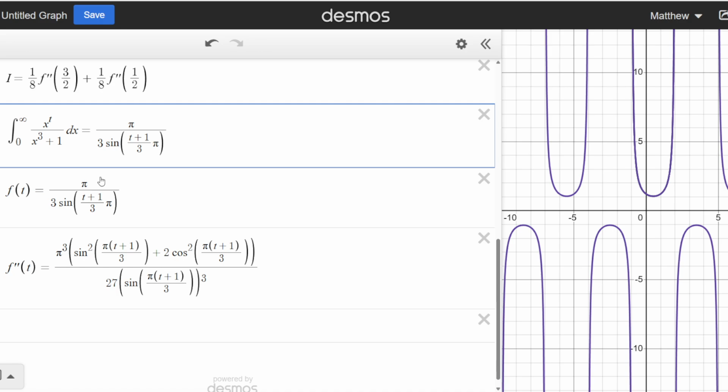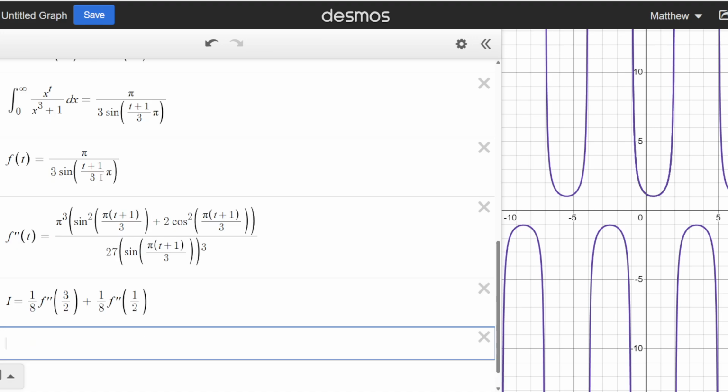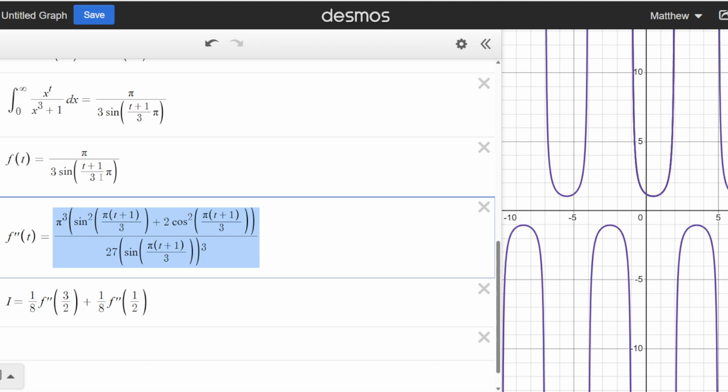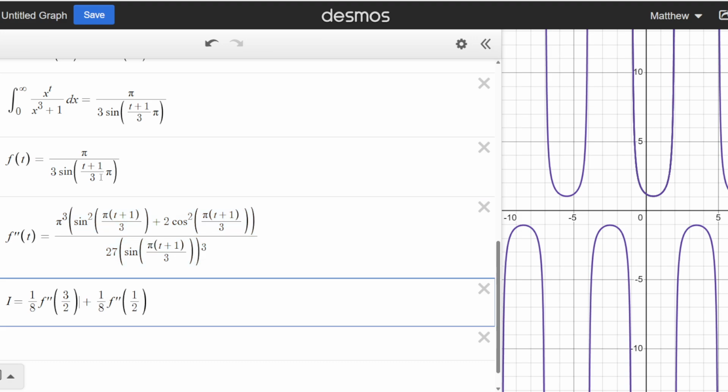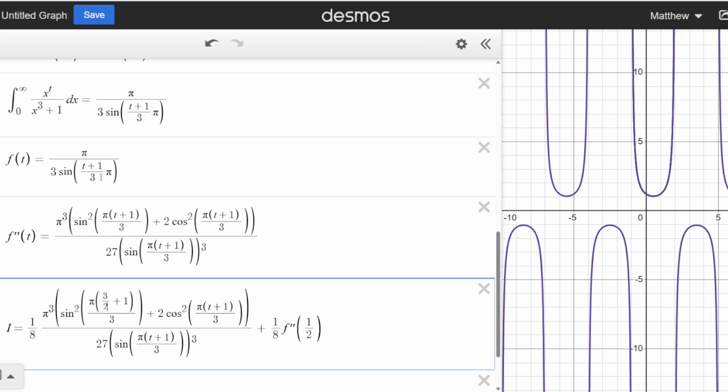So now we're done. So I is equal to this. We have 1/8 and then f double prime where t is 3/2, and t is 3/2, and t is again 3/2.